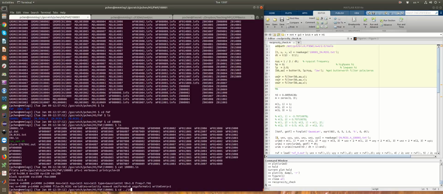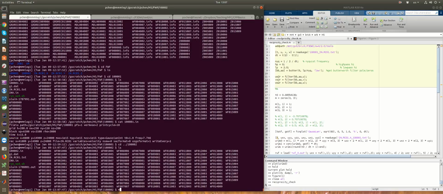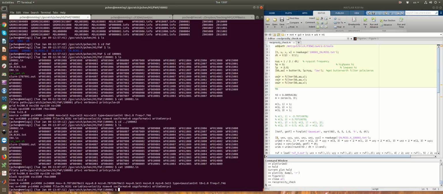And then I also got a double couple source, right? It's pretty much similar. Everything is similar. The only thing that's different is the moment tensor here. By default, all the moment tensor components are zeros, right?